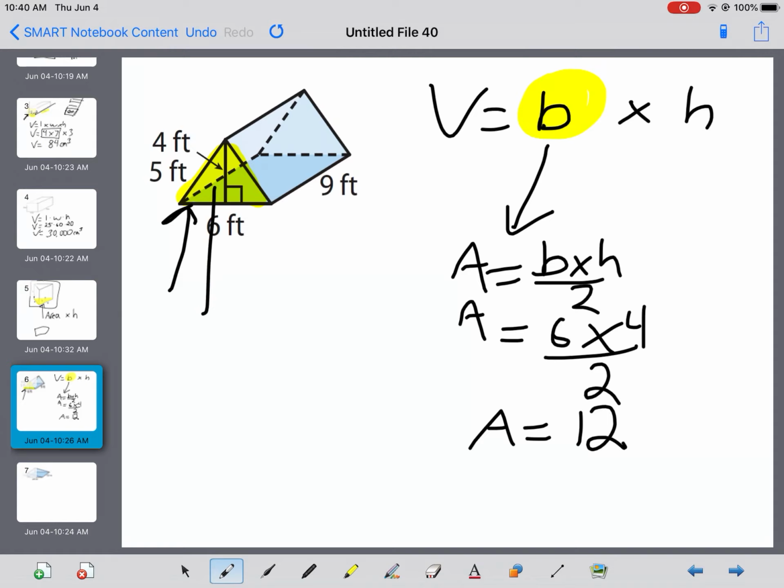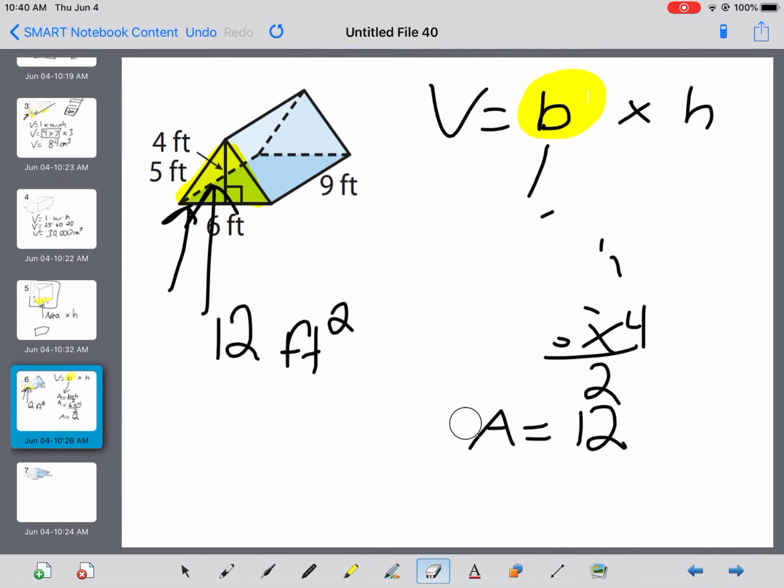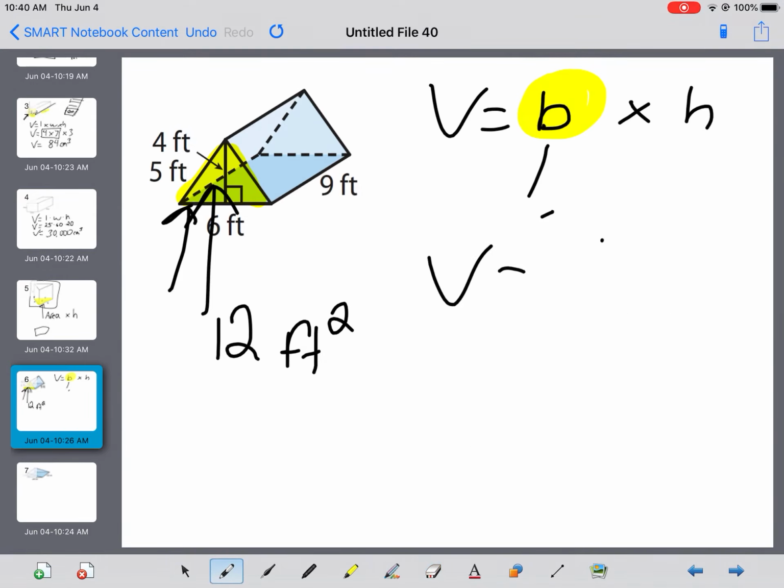So what I'm saying is this highlighted yellow triangle, if it were flat on the ground, would be 12 feet squared. But now I can take that 12 feet squared and use that for my volume. Here's my base, 12 feet squared is my triangle flat, and then it's being stacked on top of each other, and I multiply by 9.